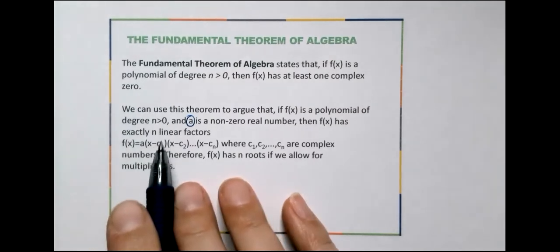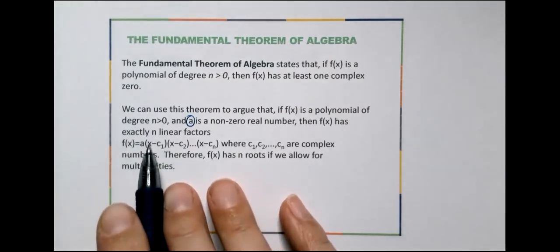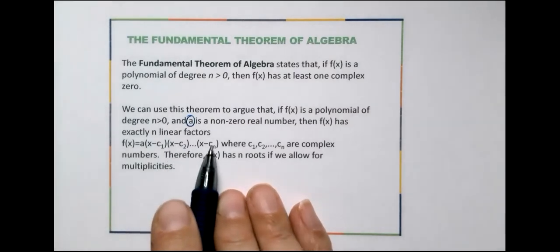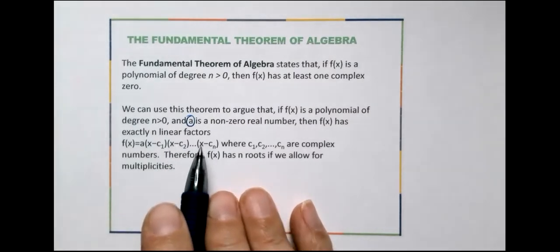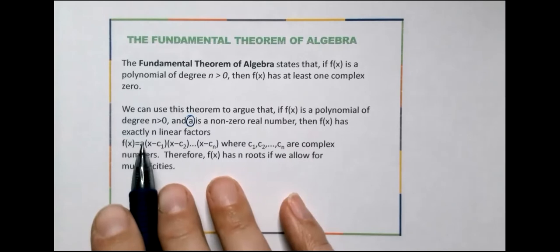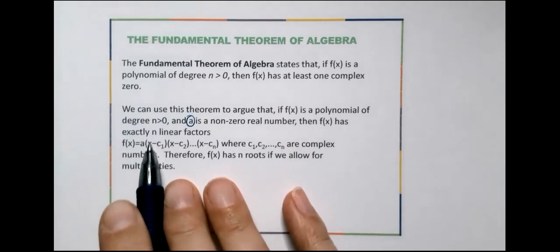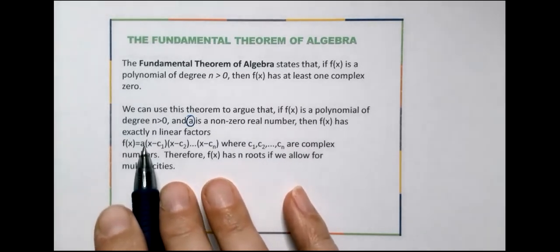Okay, so an nth degree polynomial has n linear factors, where each factor has a coefficient of 1 in front of x. And then we have a multiplier in front, a.